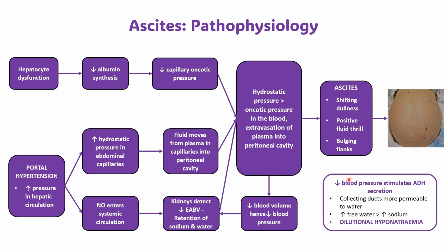Reduced blood pressure also stimulates ADH, antidiuretic hormone secretion. So essentially that's going to make the collecting ducts more permeable to water. There's going to be more free water reabsorbed relative to sodium, and this can cause something called dilutional hyponatremia. So this is something you can also be aware of.